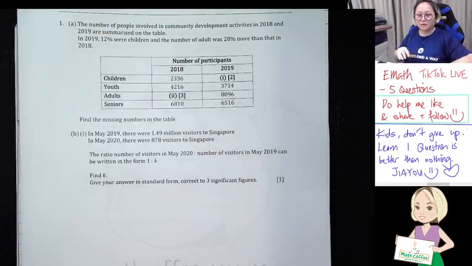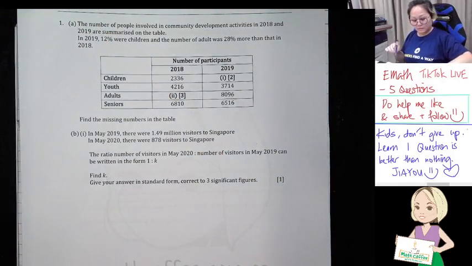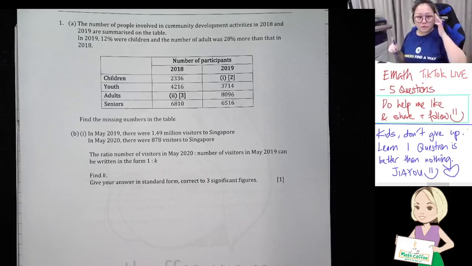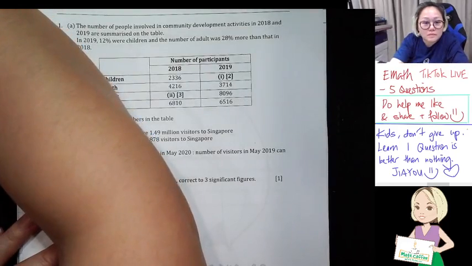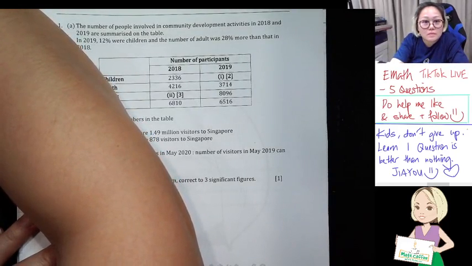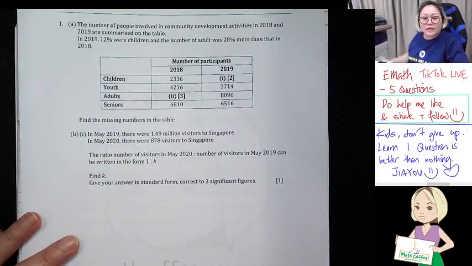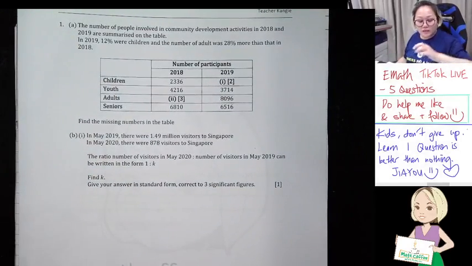Okay, let's go. So over here, it's mainly about the percentage and the standard form that maybe students couldn't do this question.